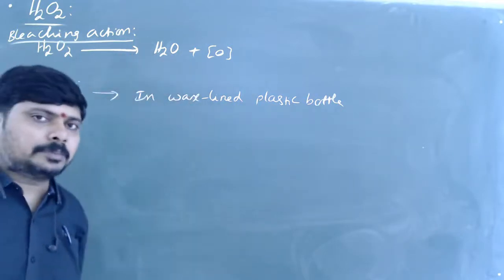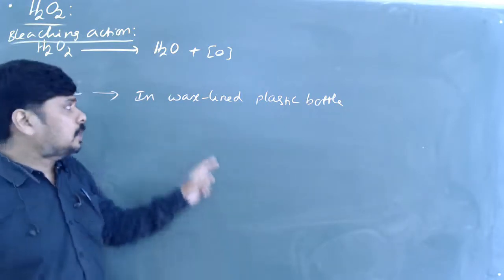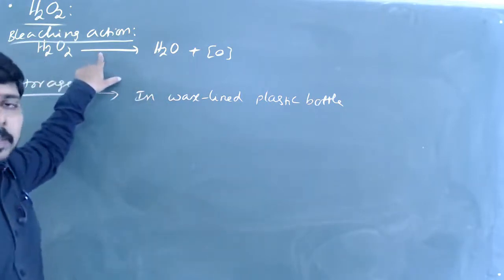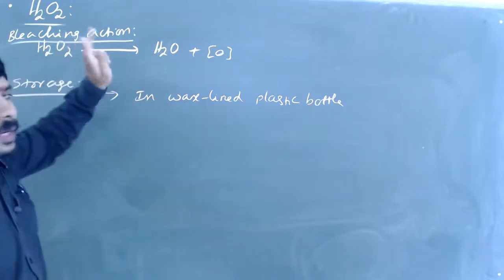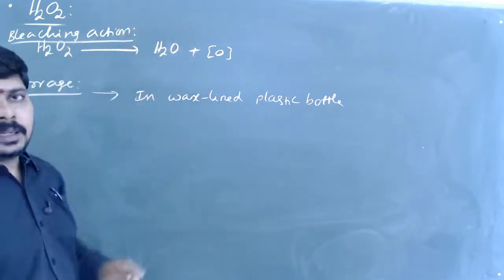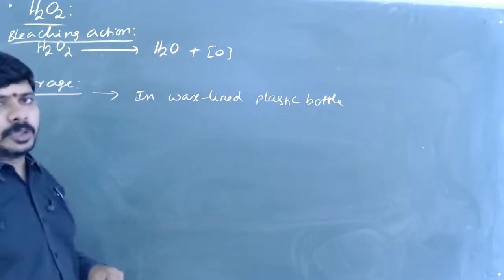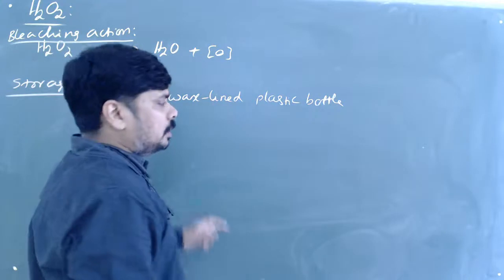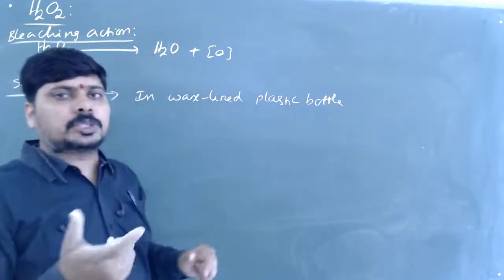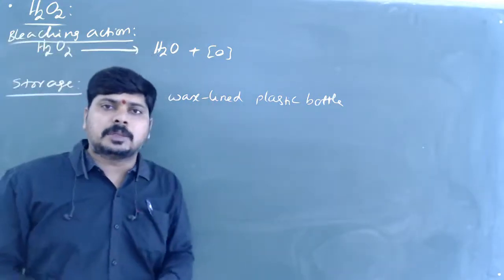Why will it be decomposed? H2O2 is highly sensitive, and this is going to be catalyzed by an alkali or sunlight. So both of them should not be exposed. That's why we use a wax lined plastic bottle. That is going to give a smooth surface where it is not able to get decomposed.